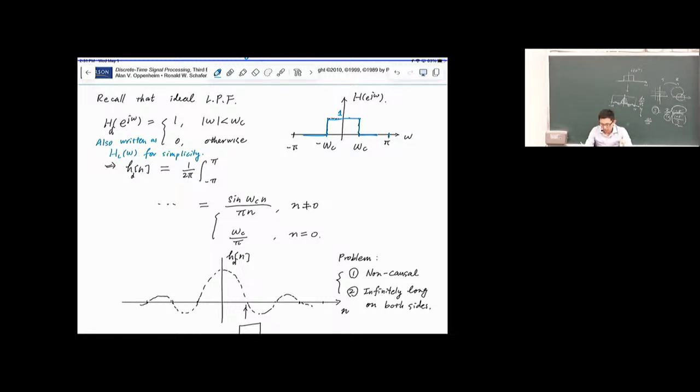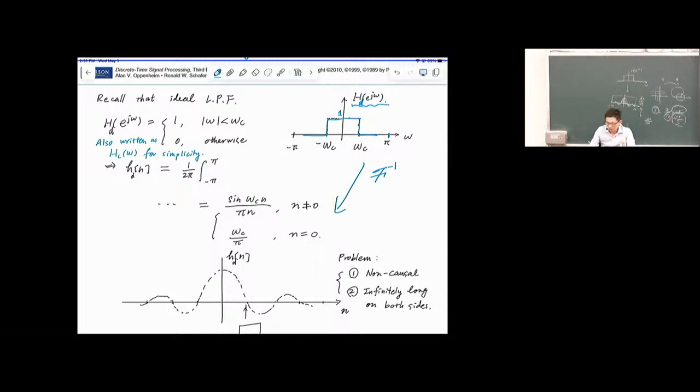So we know that with this desired response, we can apply the inverse of the DTFT. Let's recall the formula. Do we still remember the inverse DTFT?